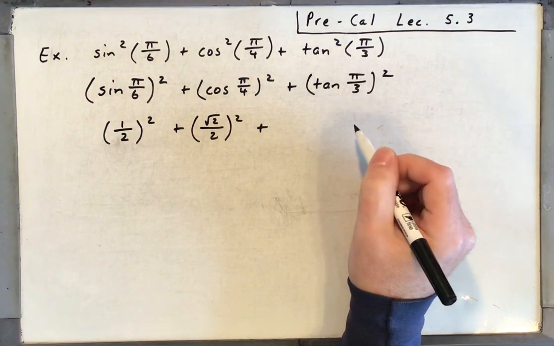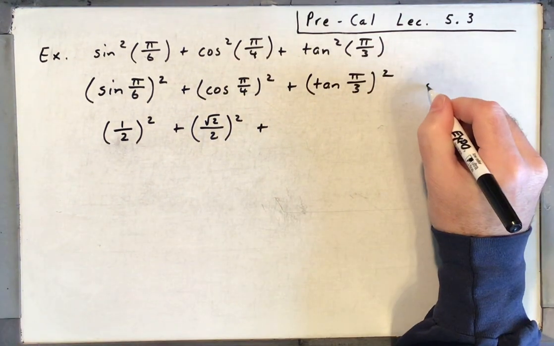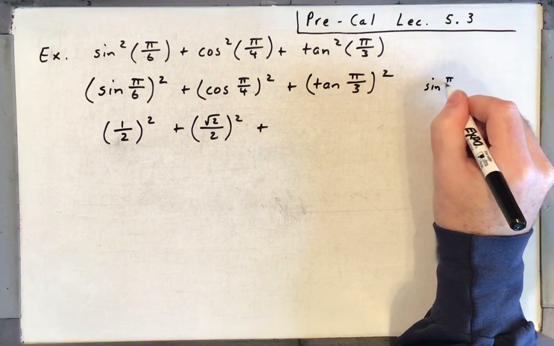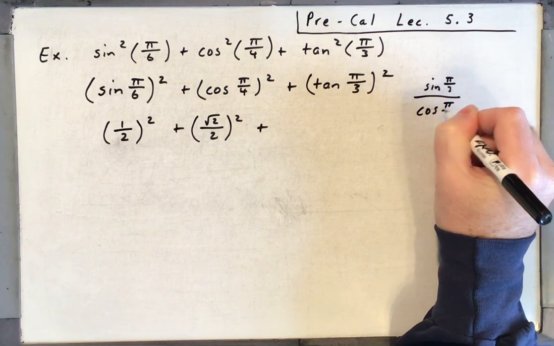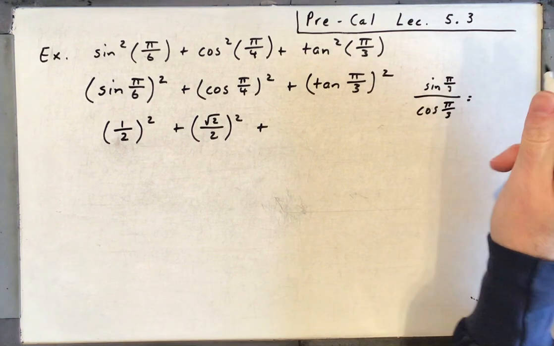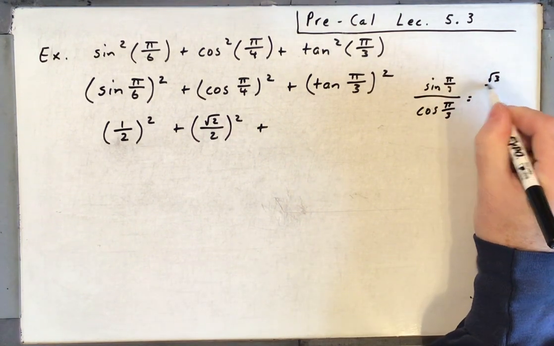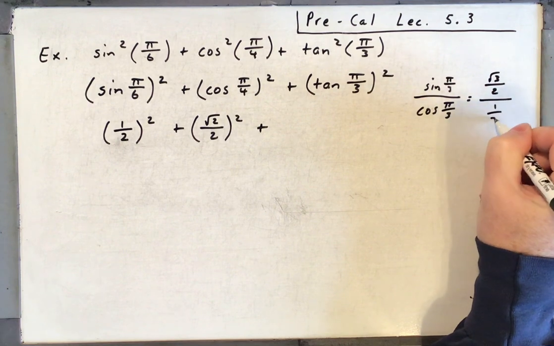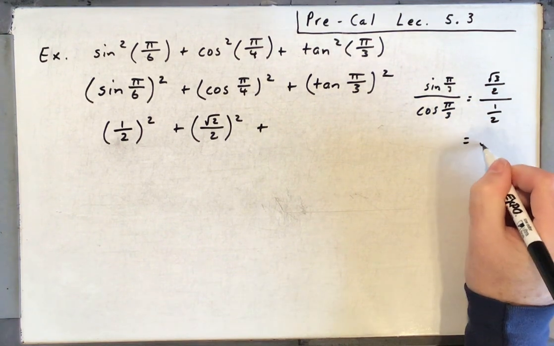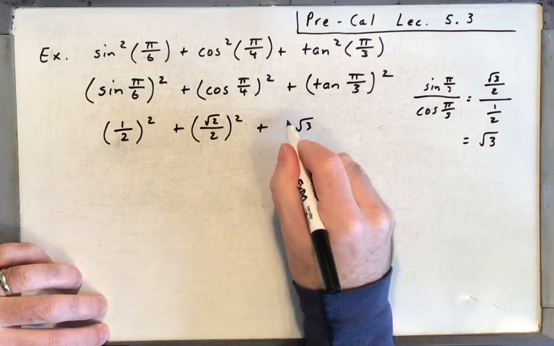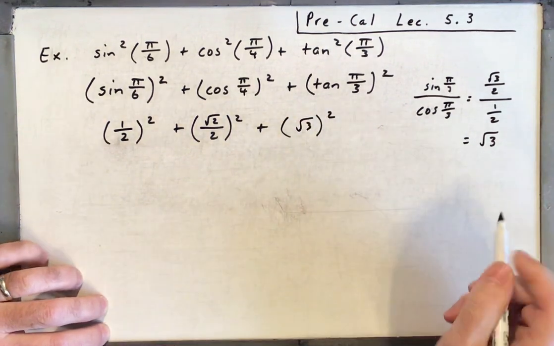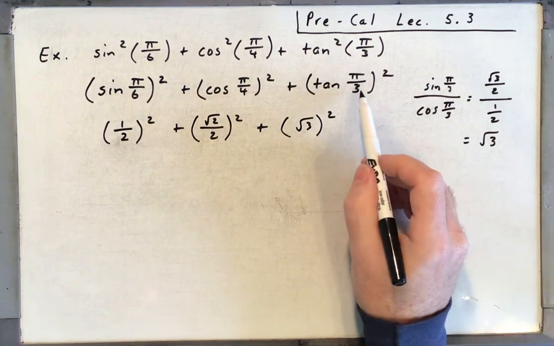Tangent of pi over 3. Okay, so you can do sine of pi over 3 over cosine of pi over 3. So that's going to be square root of 3 over 2 divided by 1/2. So that'd be the square root of 3. So it's going to be the square root of 3 all squared. You can also just memorize pi over 3.